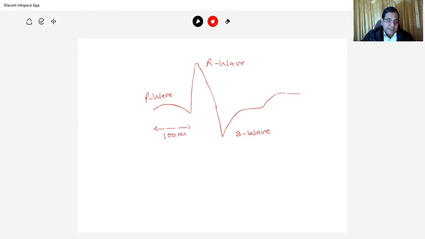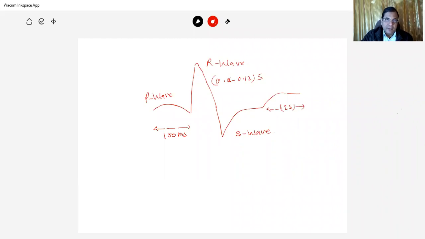This time is 100 milliseconds. Here the peak is very small, from 0.02 to 0.12 second. This is the T wave, and this one is 0.2 second.